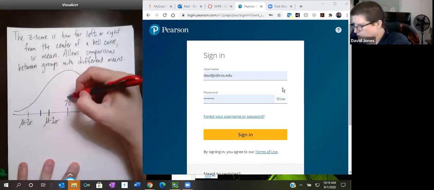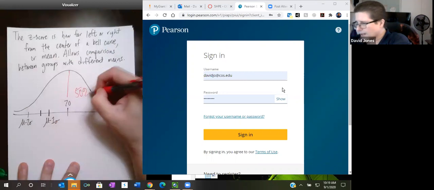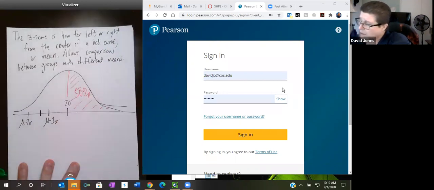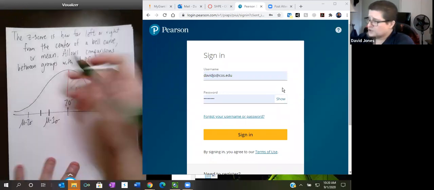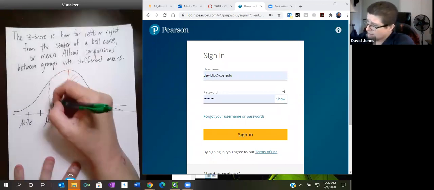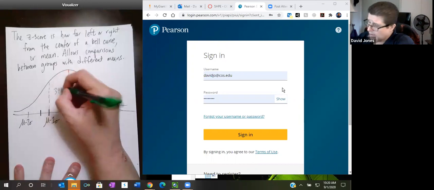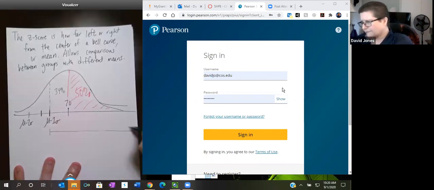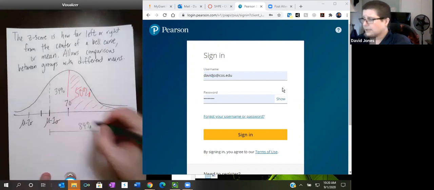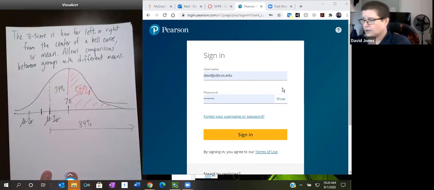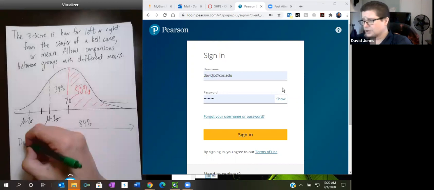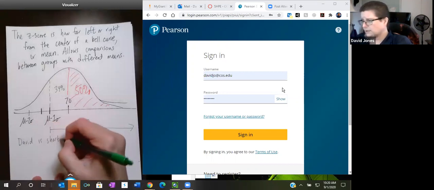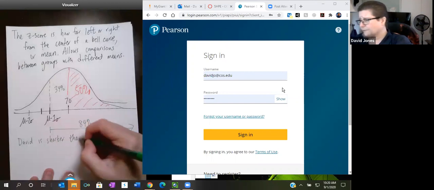So this region over here is 50% right off the bat. One standard deviation added another 34%. So that part, 50 plus 34, is 84%. So David is shorter than over 84% of guys.